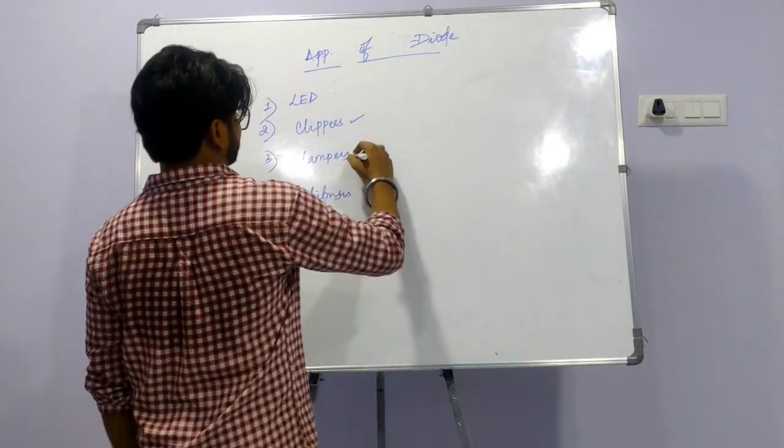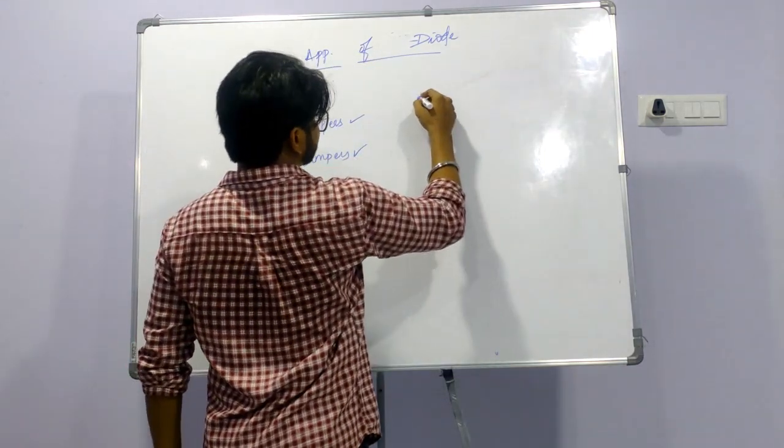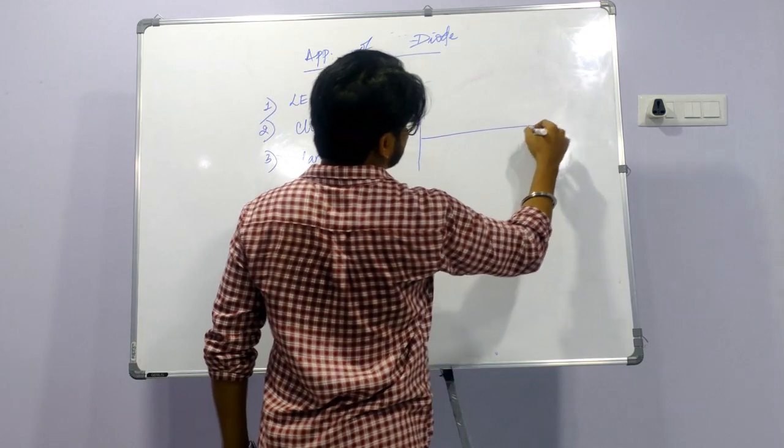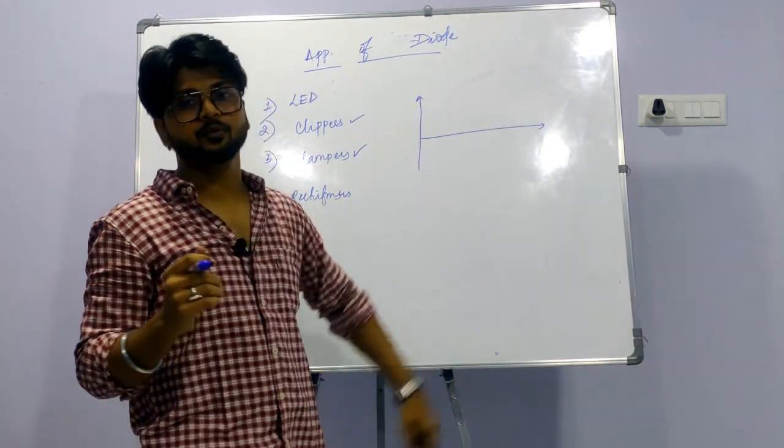Moving on to clippers and clampers. Clipping is the process of elimination of a certain part of the wave from our input wave.